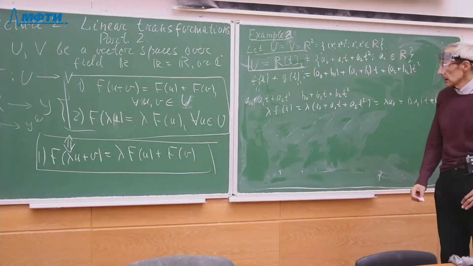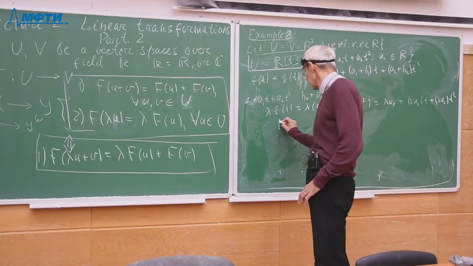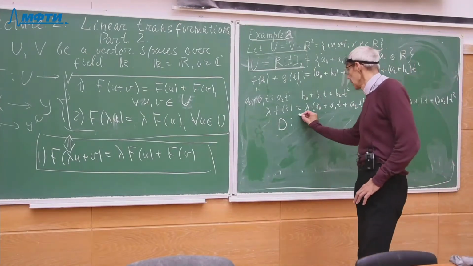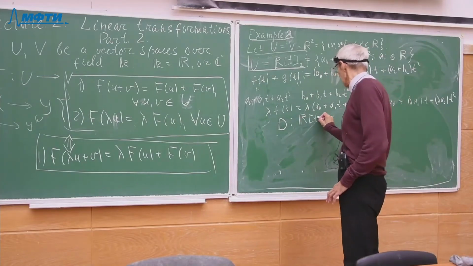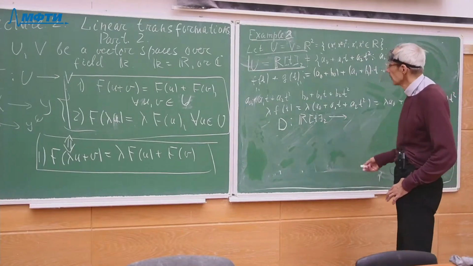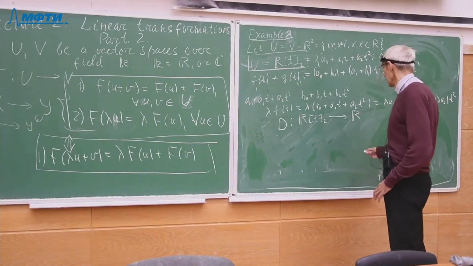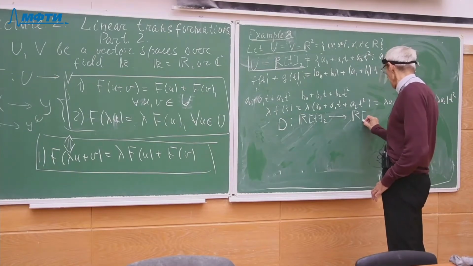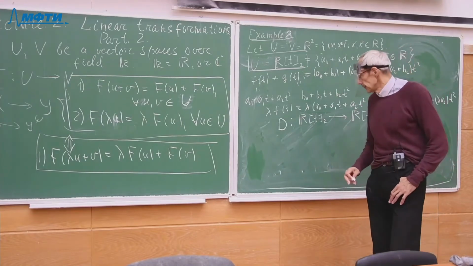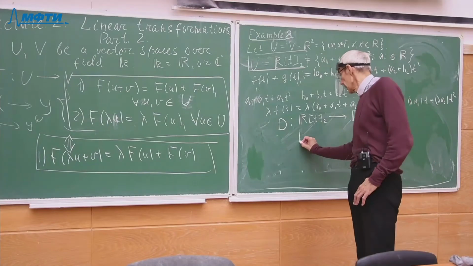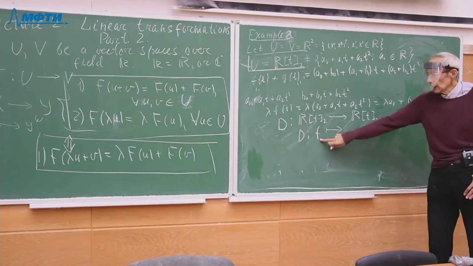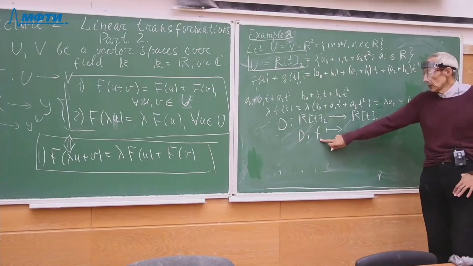And let's consider the following mapping, which is called by the letter capital D, from this vector space of polynomials into itself. And this mapping we define by the following formula: the mapping acts on the polynomial as a derivative.